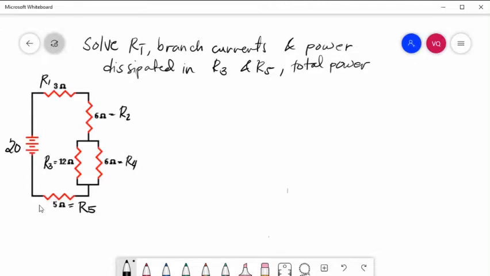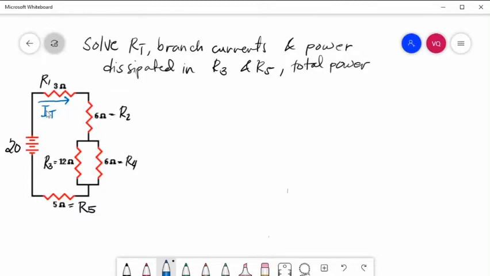So we will label the direction of currents of this circuit. So our total current is here. It is equal to the current flowing in R1 and R2.